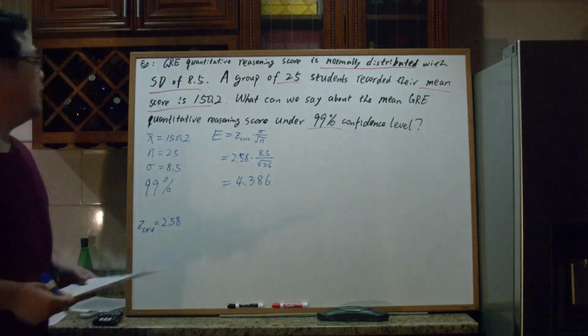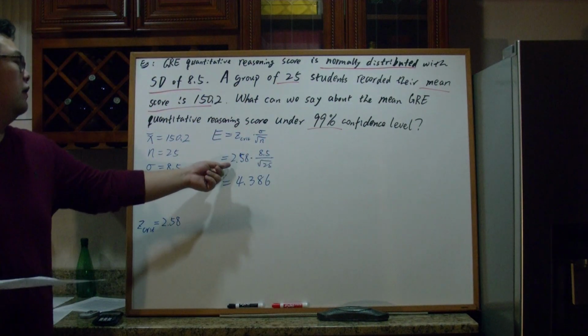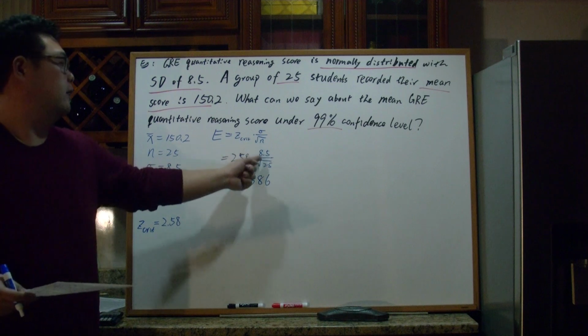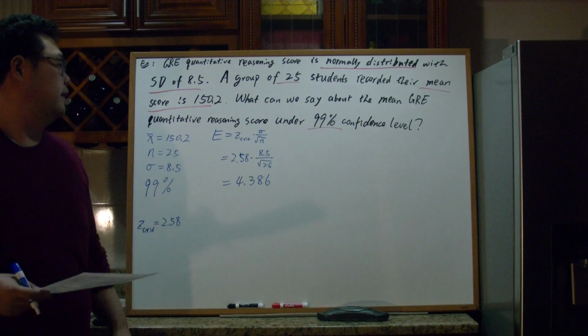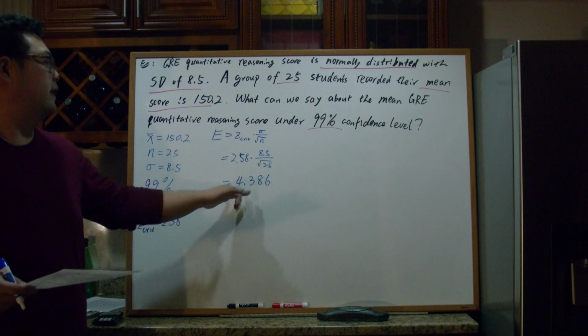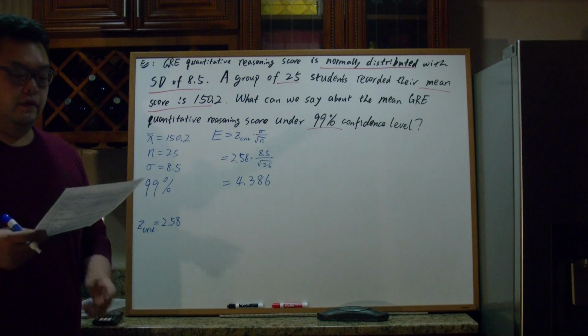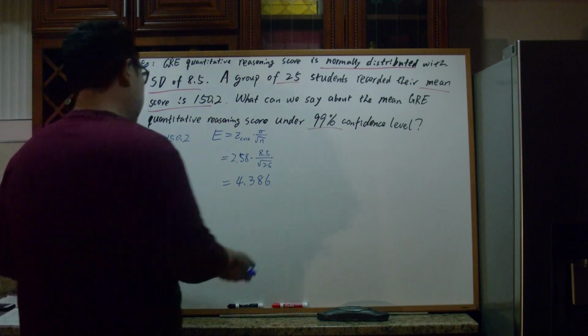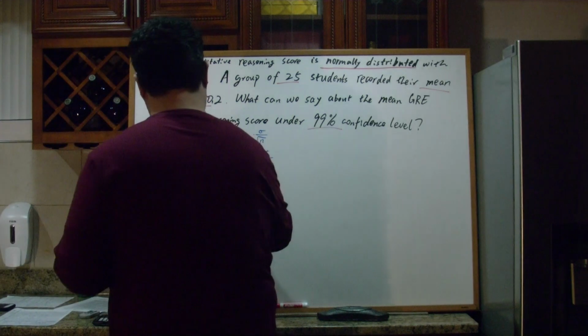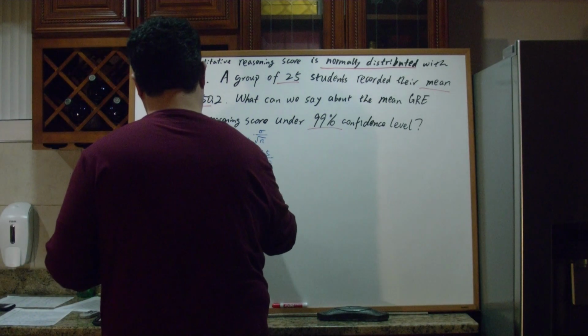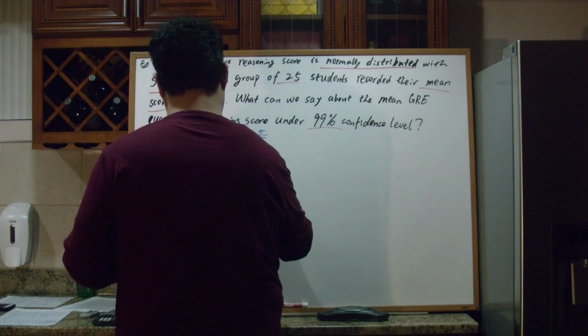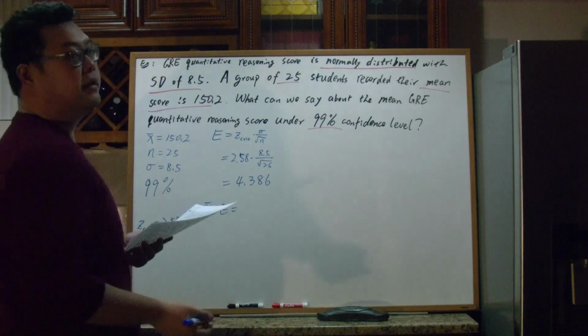You can use a calculator, you'll find the same answer. Right, multiply 2.58 times 8.5 divided by square root of 25. That will give us 4.386.